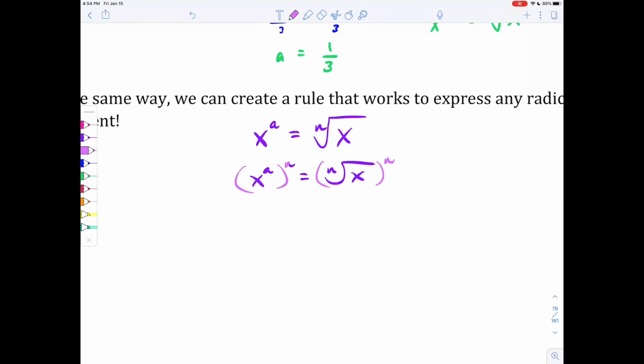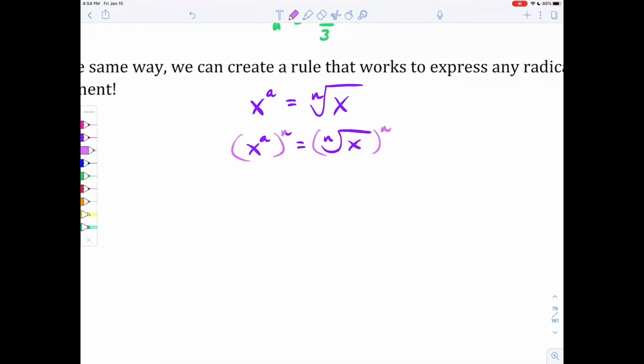As a result, on the left side, by the power of a power law, we have x to the power of an, and on the right side, well, we just have x, which is, of course, to the power of 1. Since x to the an is equal to x to the 1, we can say that an is equal to 1, and our whole mission here was to find what a could be.